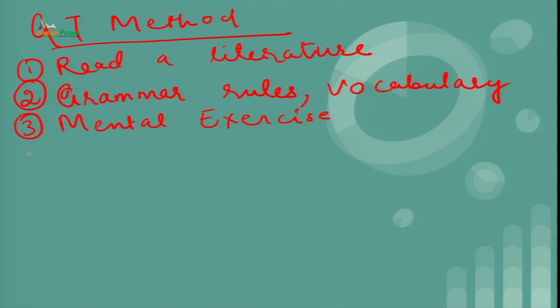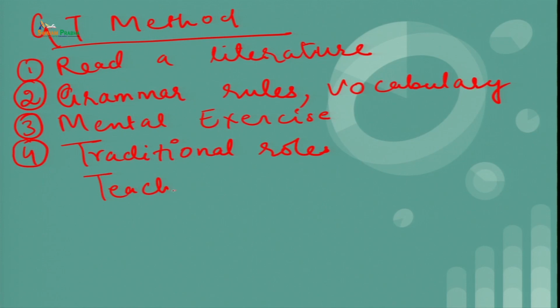The next question that comes here is, what is the role of the teacher in grammar translation, or what is the role of the students? So the answer to this question is that the roles are traditional. Traditional roles are there, and the teacher is an authority, as I'm mentioning in this slide, and students do as the teacher says.